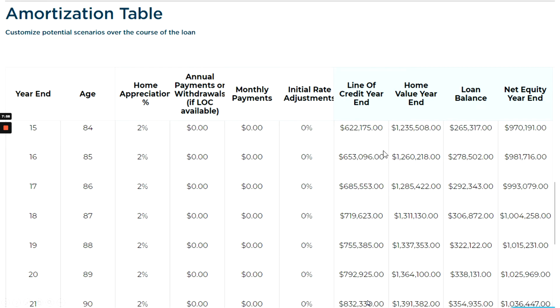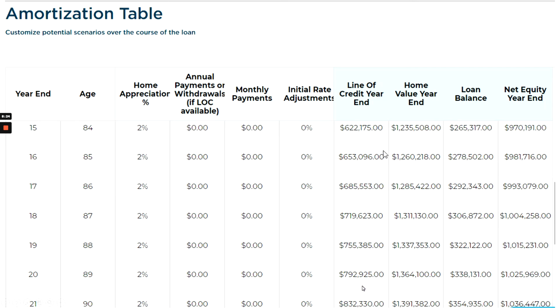At the end of year 21, you're at $832,000 is what this rate has grown to. So that started from $286,000 and went to $832,000. That's enormous. For a 68-year-old, they would be 89 years old and have these funds available.